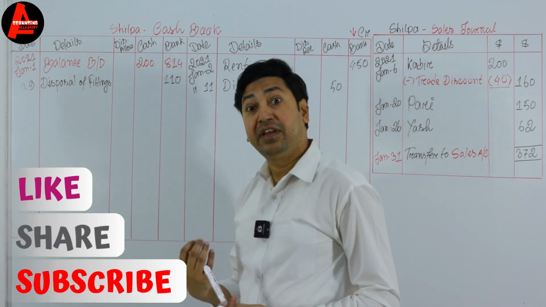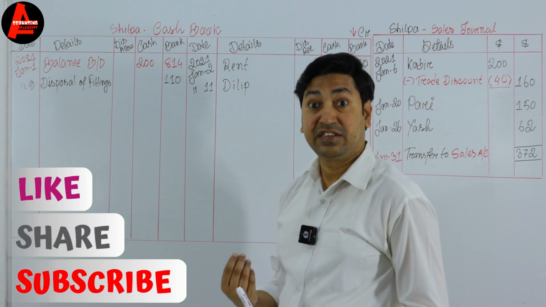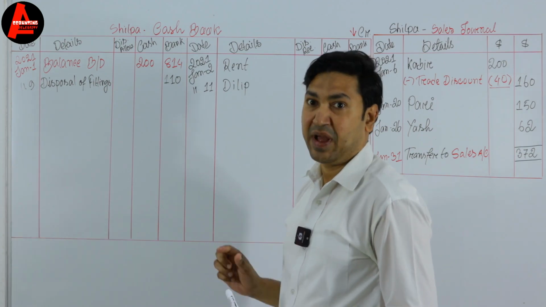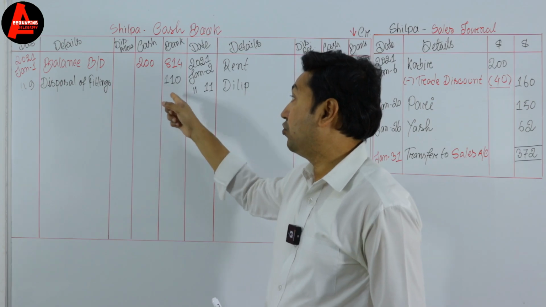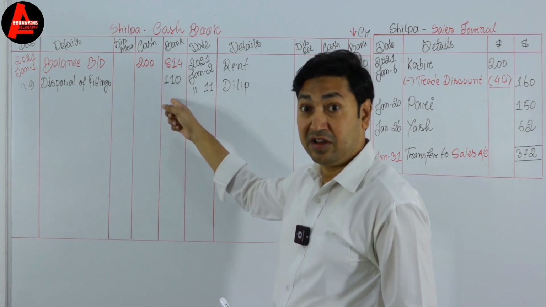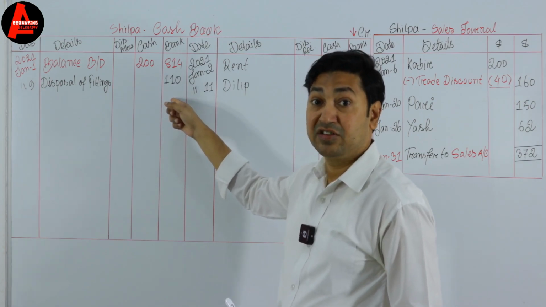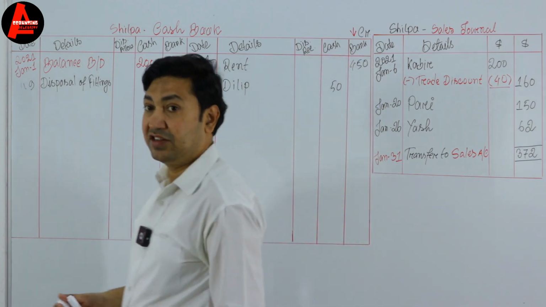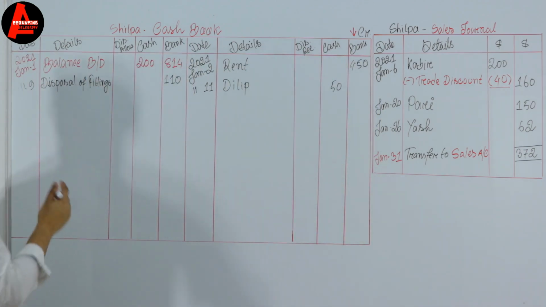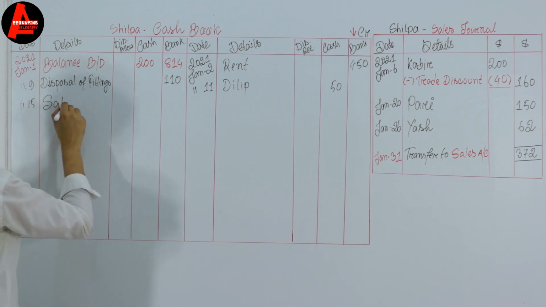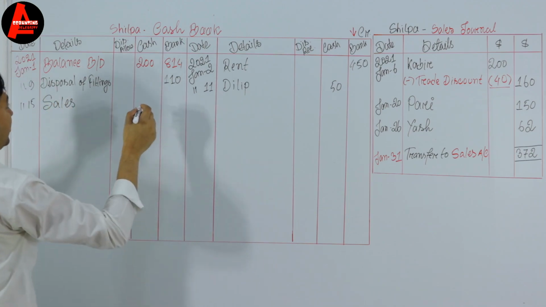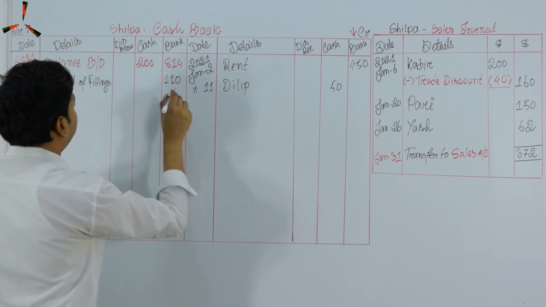But here the cash money is immediately deposited into the bank, so we will not write the money on the cash column, we will write money on the bank column, because our bank balance will be increased. So we will write the date first, January 15. Here we will write sales on the detail column and money on the bank column, $85.